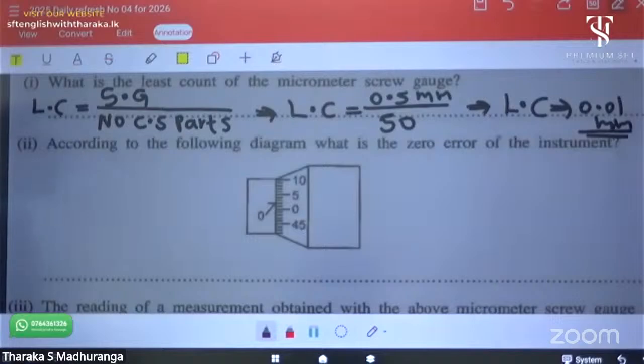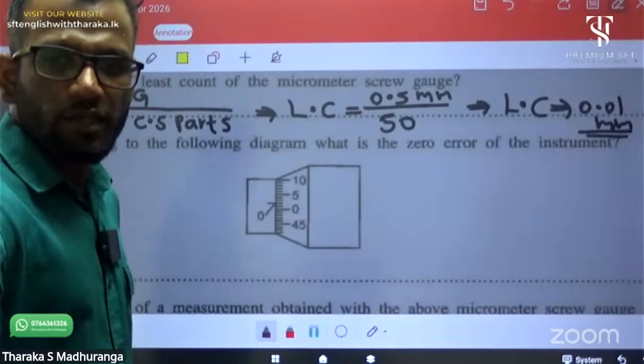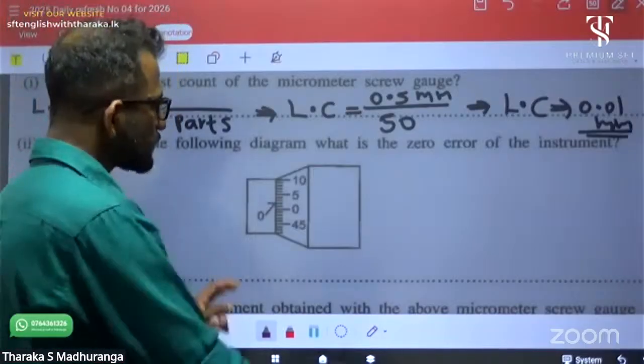Yes, it has a zero error because the linear scale middle axis and the circular scale zero do not coincide with each other. Very good.